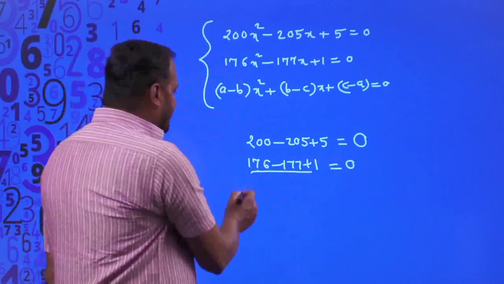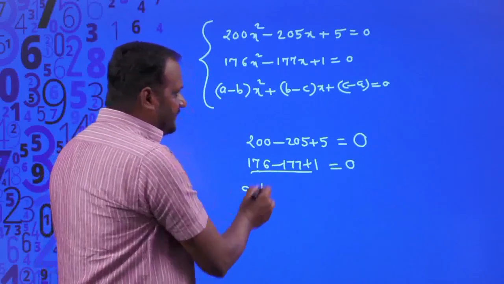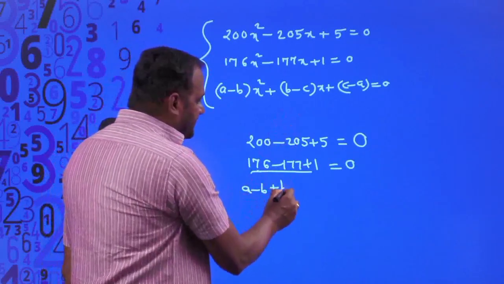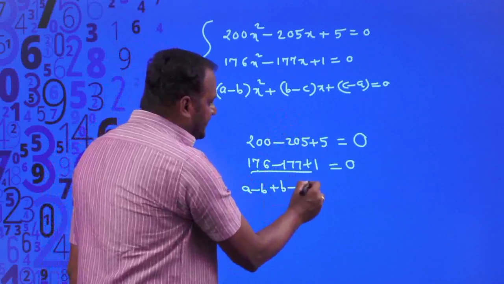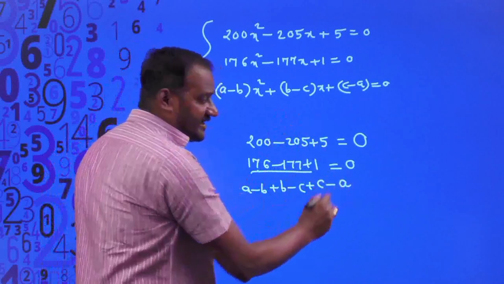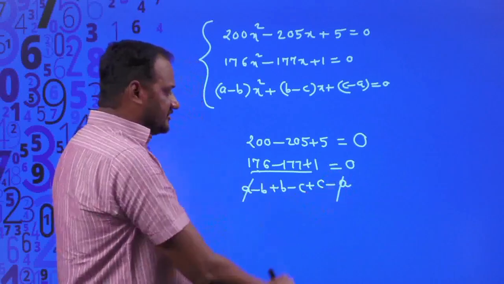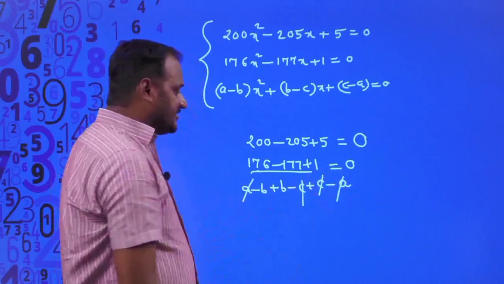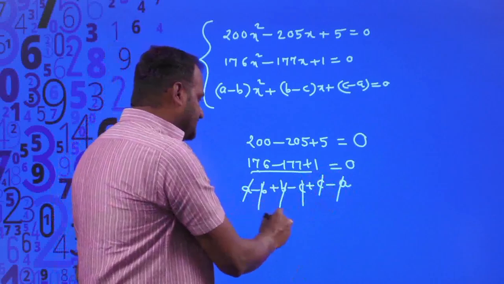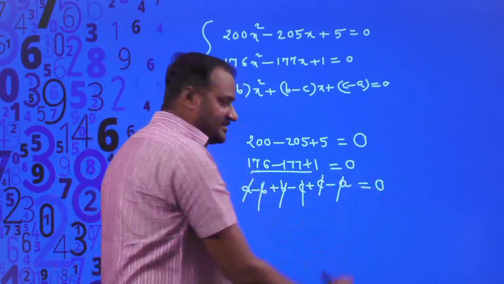And similarly, the first coefficient is a minus b, second coefficient is b minus c, third coefficient is c minus a. When you add all of them, minus a plus a is 0, plus c minus c is 0, plus b minus b is 0. So totally it is 0.